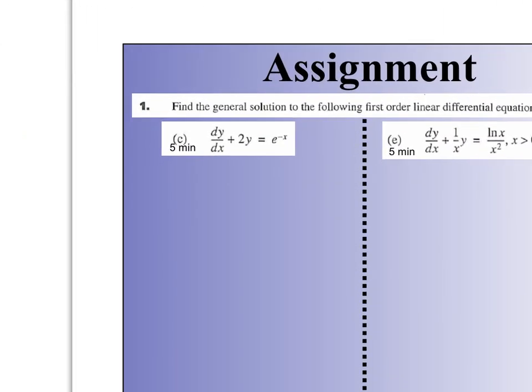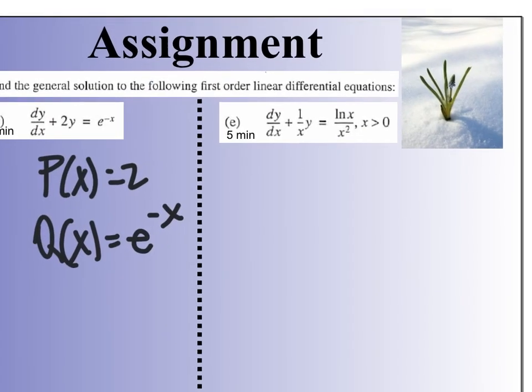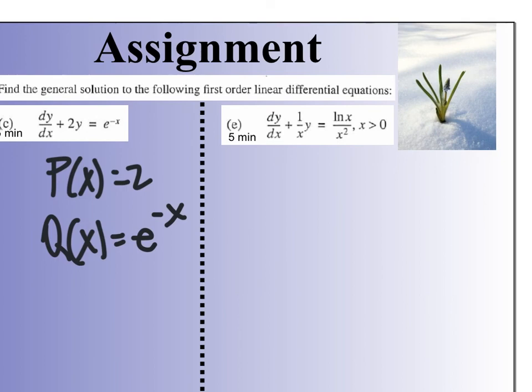Okay, let's just identify real quick p of x, q of x in this case. It looks like p of x equals 2, and q of x, I feel like we've done this one, but maybe not. Something similar maybe. There you go. So I see an integration by parts coming on there. Or nah, maybe not. No, yeah, it's an integration by parts.